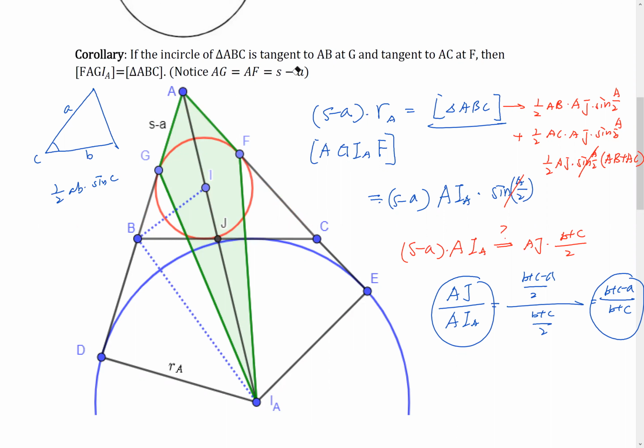What's AJ again? The angle bisector right here, touching BC. Think about it for a moment. Can you prove that? Actually, to do that is not too complicated. Let's think about this triangle.